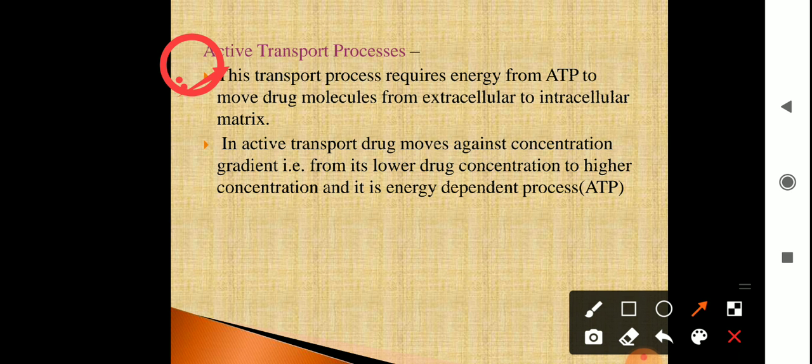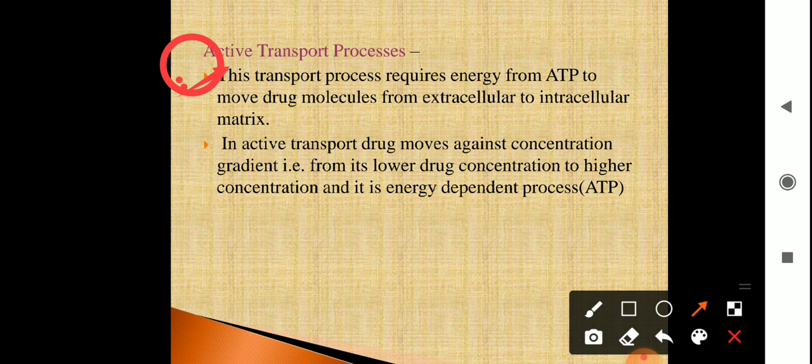So, from outside the cell to inside the cell. Extracellular means outside the cell, whatever the fluid or molecules are there. And inside the cell is intracellular fluid. Whatever fluid is present inside the cell is called intracellular, and whatever fluid is present outside the cell is called extracellular.